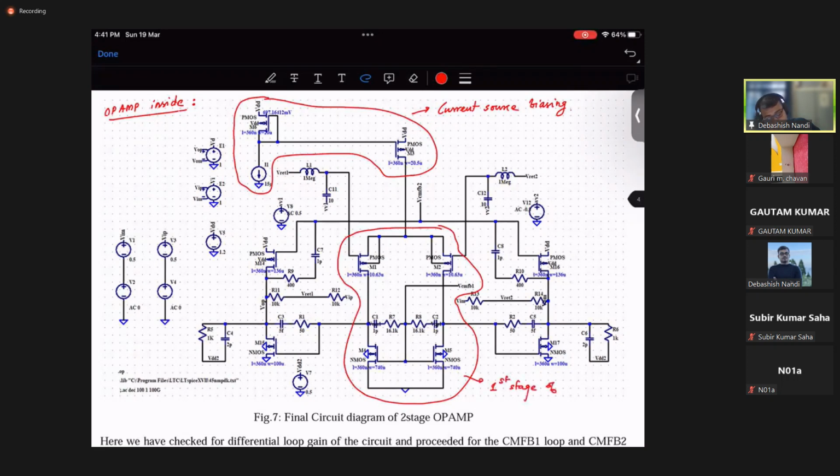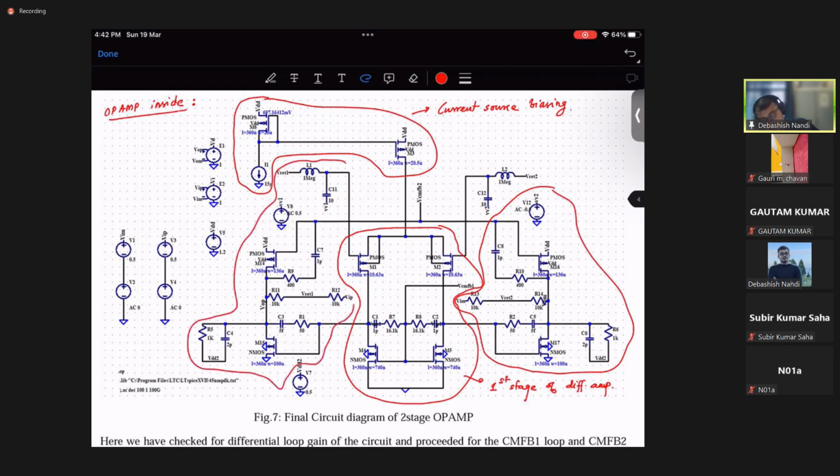This and this. There are so many other things to improve the circuit, like these capacitances and resistances. You might have heard of Miller compensation or the Miller effect. You will learn this in later courses. So the basic purpose, this is the second stage.